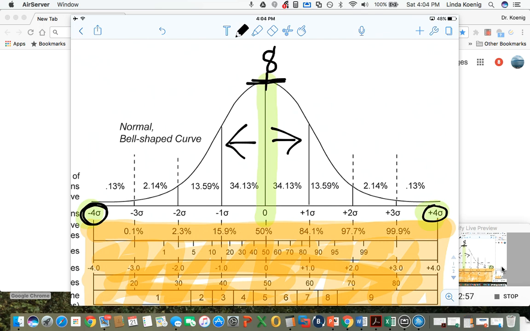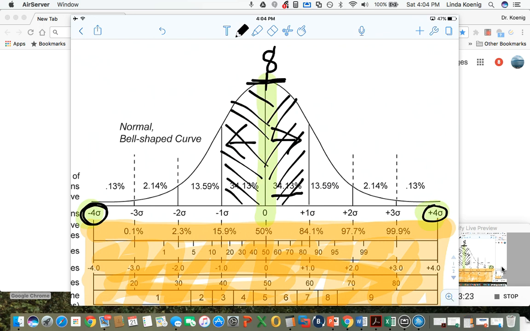So what mathematically we know, according to the curve, is that if we take this enormous sample of shoe sizes of women in the United States, 34% are going to be in this area right here, and another 34% are going to be in this area right here.